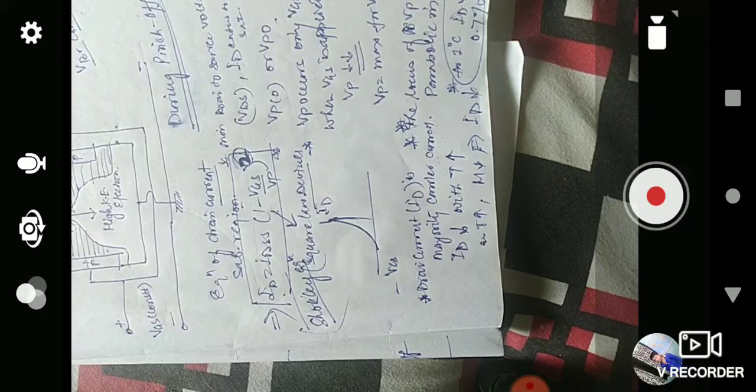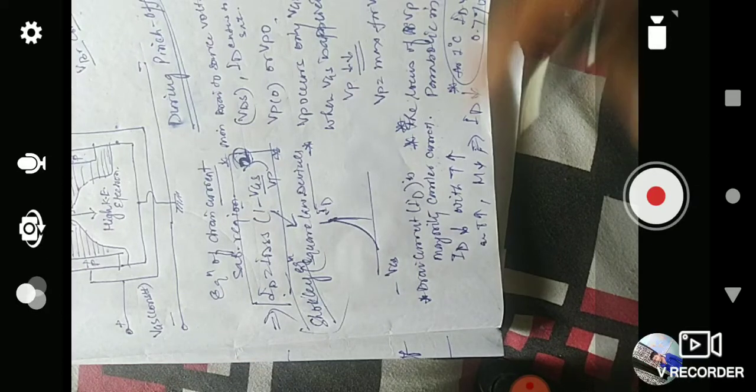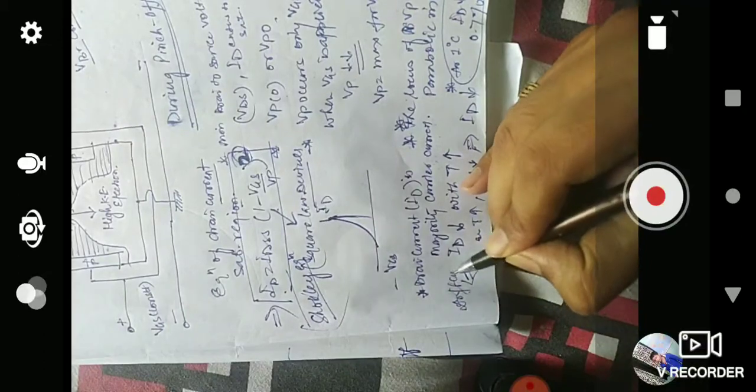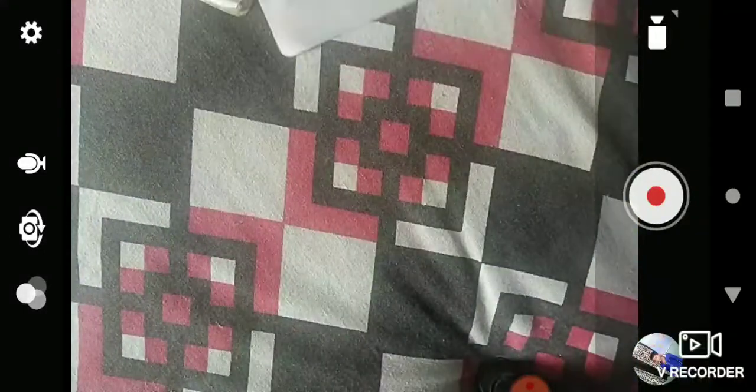So ID is a drift current because it flows through the channel under the influence of electric field intensity. Drift and diffusion are the two types of current that usually flow in a semiconductor. Here ID is a drift current.